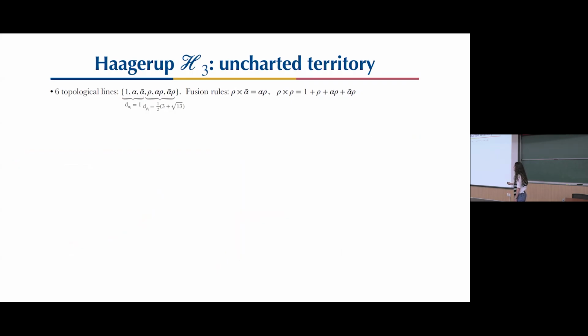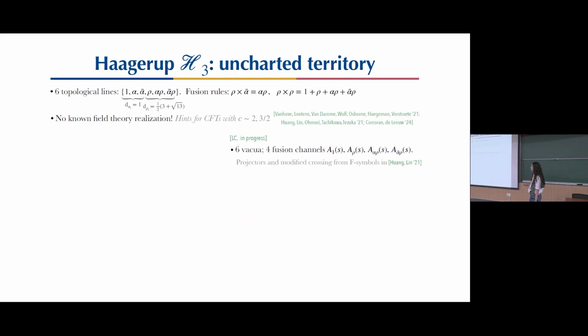So here we have 6 topological lines with these non-trivial fusion rules. 3 of them are non-invertible. And what is very interesting about it is that there is no known field theory realization for it. So before we had all these examples with minimal models, but here we don't know almost anything. There are some hints that there might be CFTs with these central charges, but there is no known actual model.